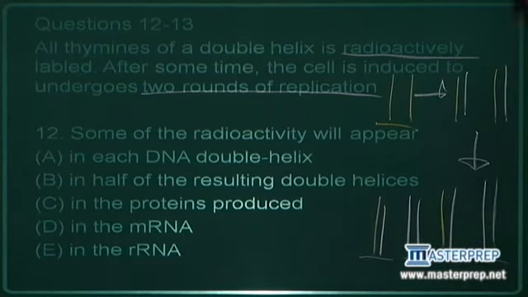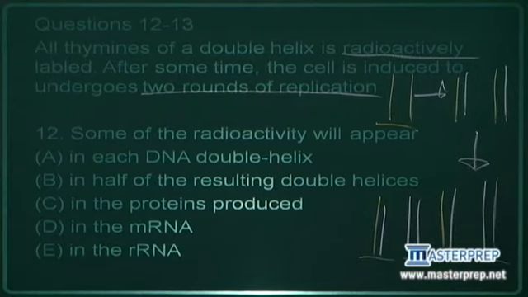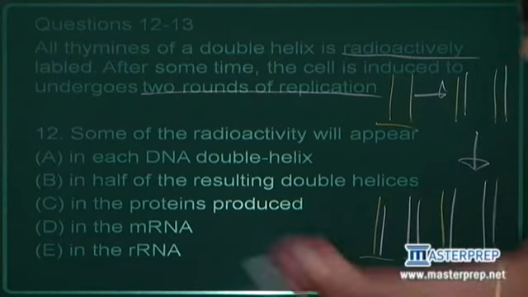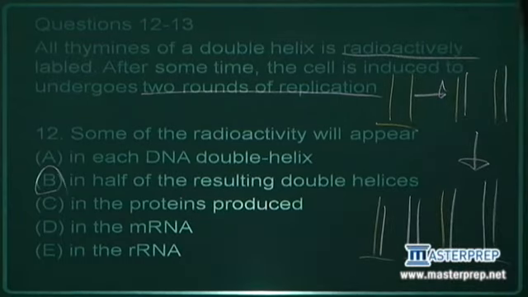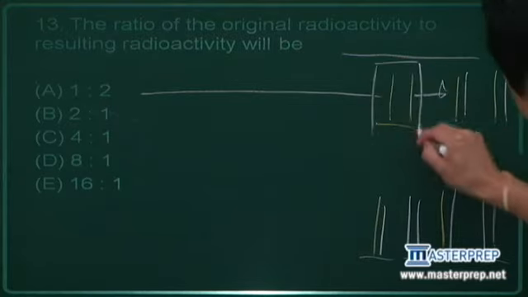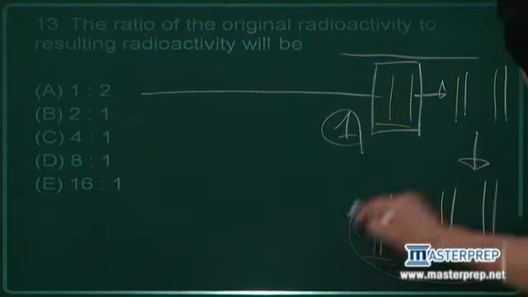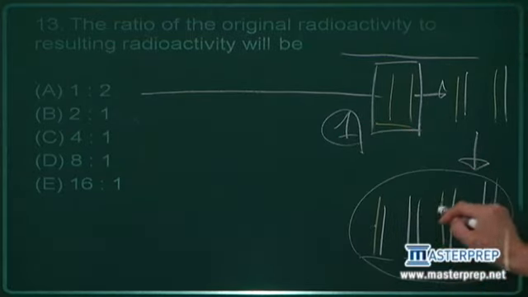Okay, number 12. Some of the radioactivity will appear in half of the resulting double helices, right? So B is correct. And for 13, the ratio of the original radioactivity to the resulting radioactivity will be, okay, if the original concentration is 1, then after this, 1, 2, 3, 4, 5, 6, 7, 8.